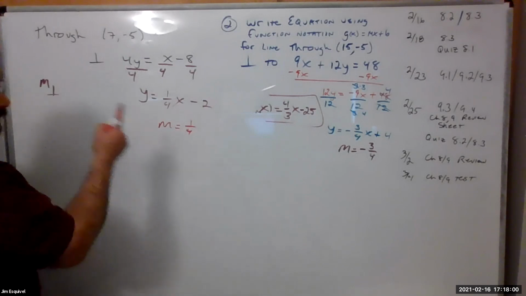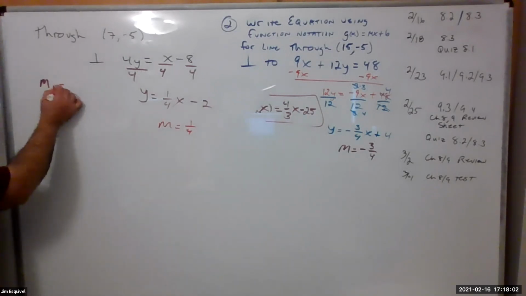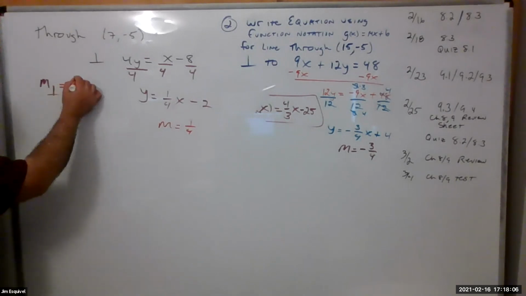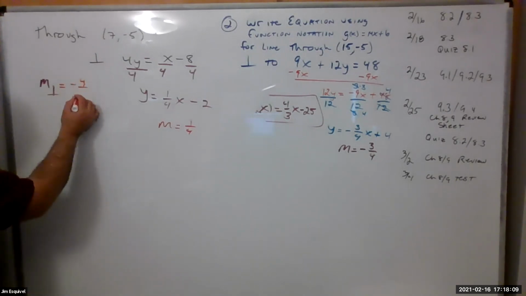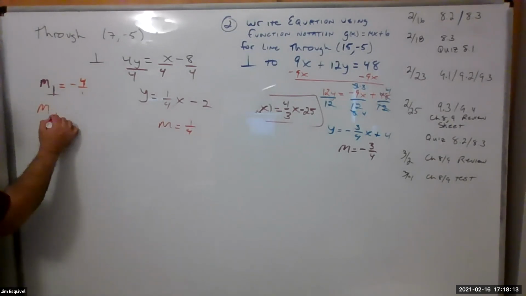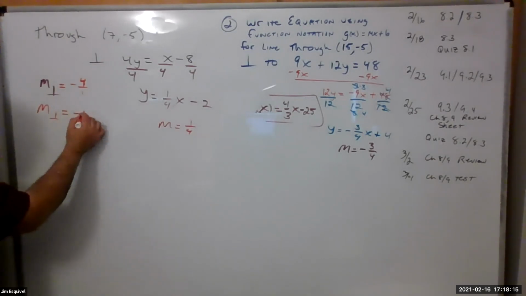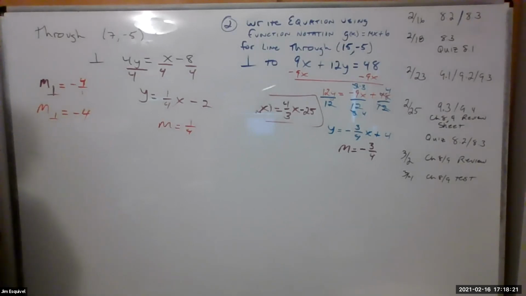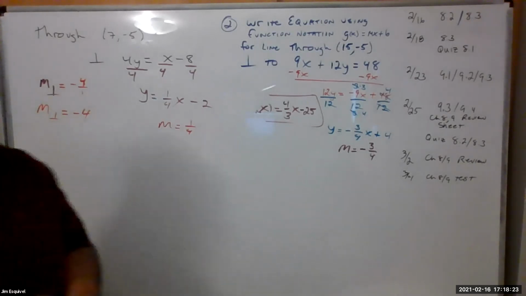So what's our perpendicular slope? -4/1, but simplify it. What is -4/1? Just -4.